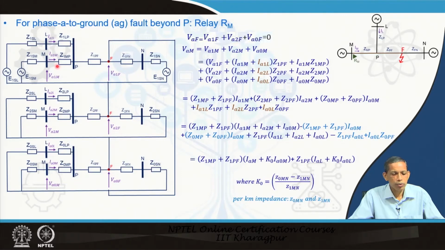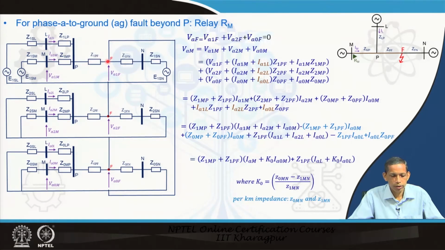So, this is the corresponding sequence network for this system. For this fault and this relay, the corresponding current in the PF section is contributed by these two generators, so they are in parallel.